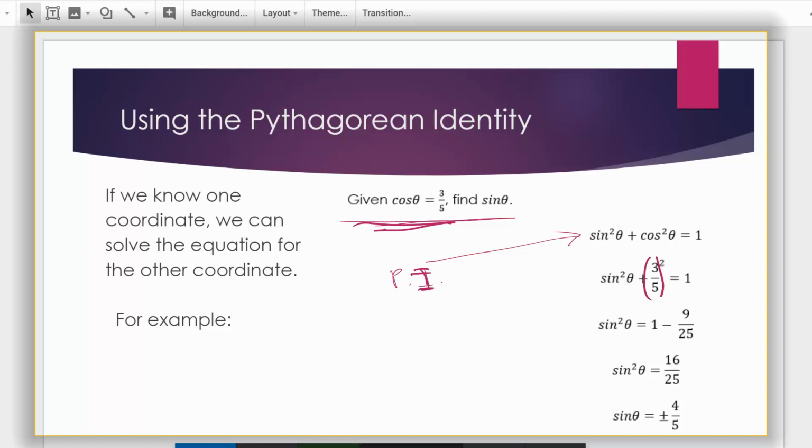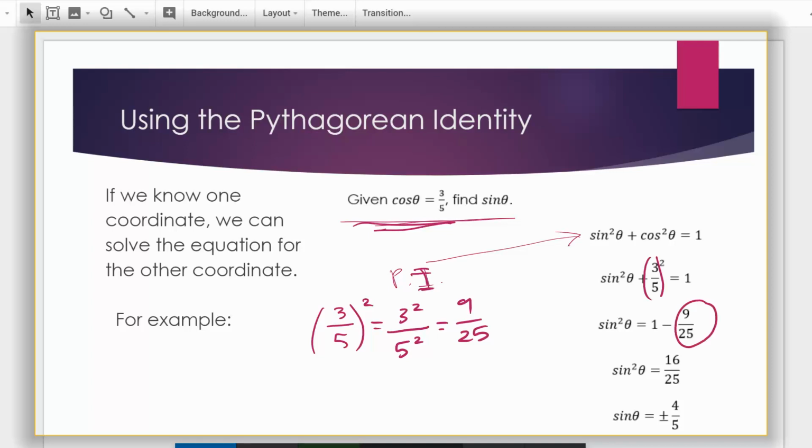I know some of you seem confused about how to square fractions. If I have 3/5 and it's squared, I have to square the numerator and square the denominator. So we get 9 over 25. That's how they get 9 over 25 here.